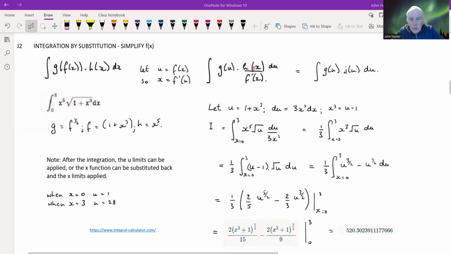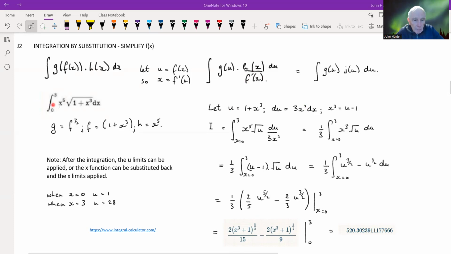The h of x stays, and then our dx becomes du over the derivative of f with respect to x. Now this potentially has a cancellation, and we're going to form a new function in x, which we can then translate into u. So we're going to end up with something like this, which with any luck should be a bit simpler.